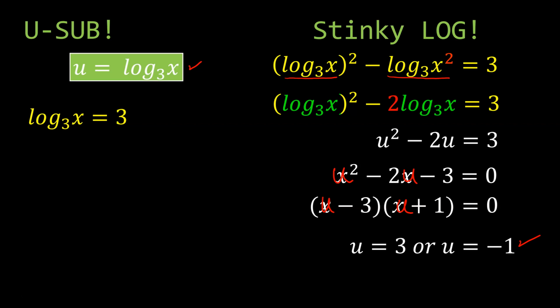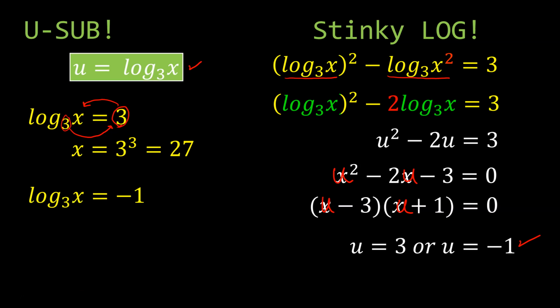So when log base 3 of x is 3, then to undo log, we use exponents, right? 3 to the 3rd power is equal to x. So x is 27.